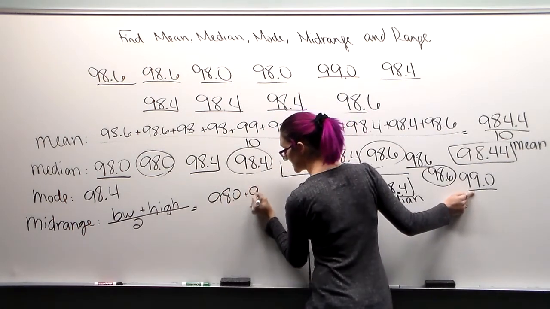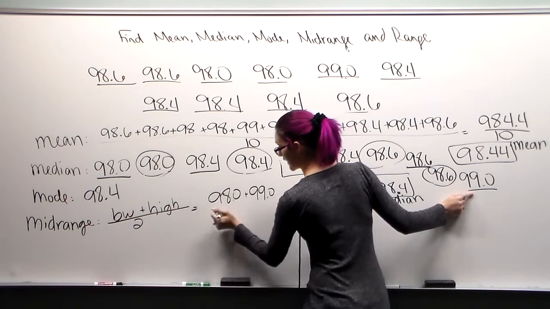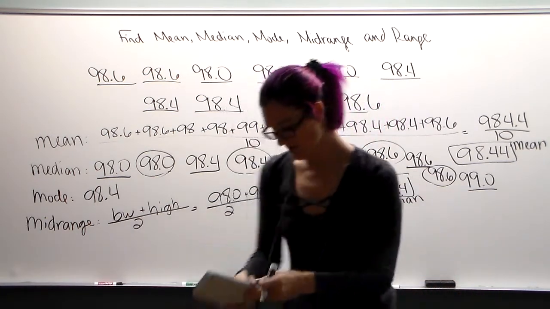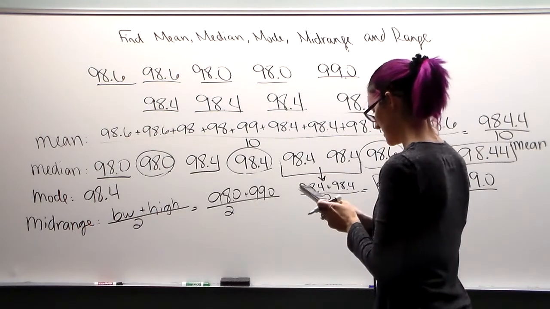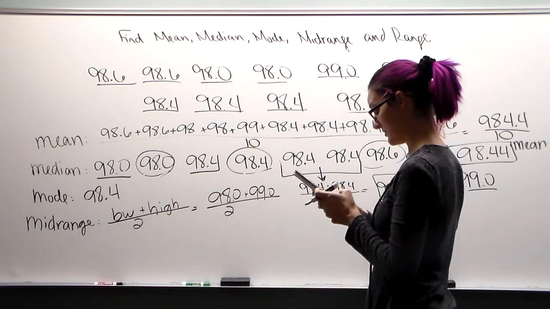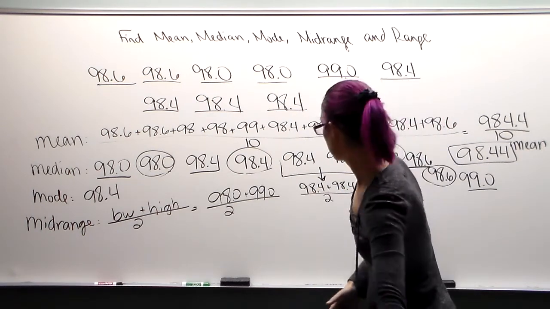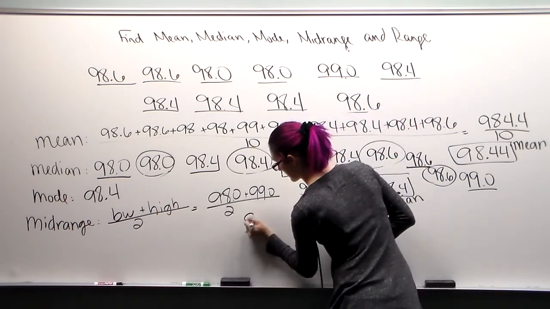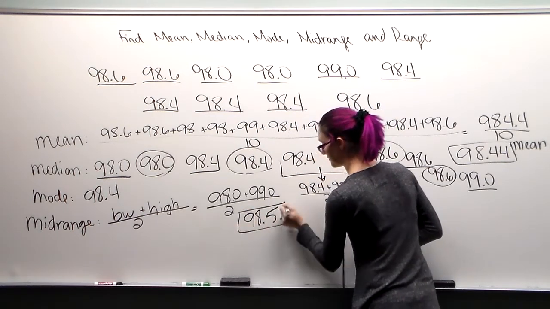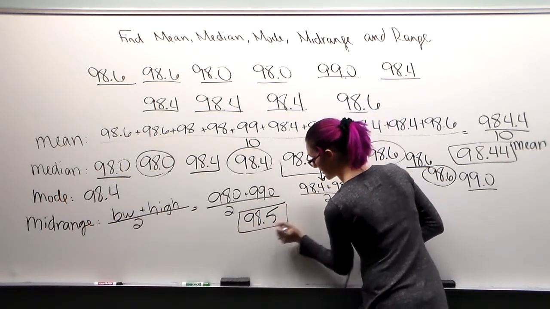My highest is 99.0. And I'm going to divide that by 2. So I'm going to take my calculator. 98.0 plus 99.0 divided by 2. 98.5. That would be your mid-range.